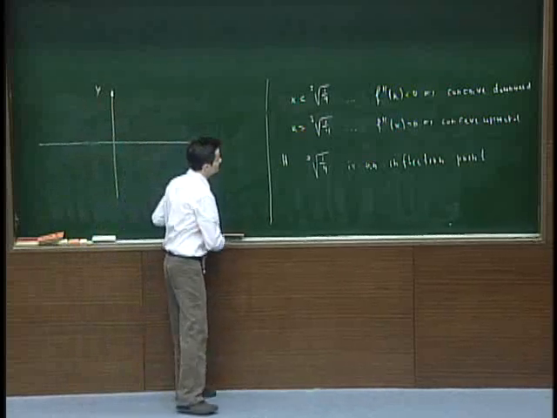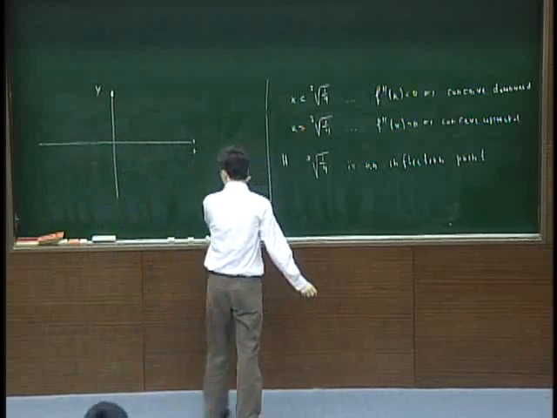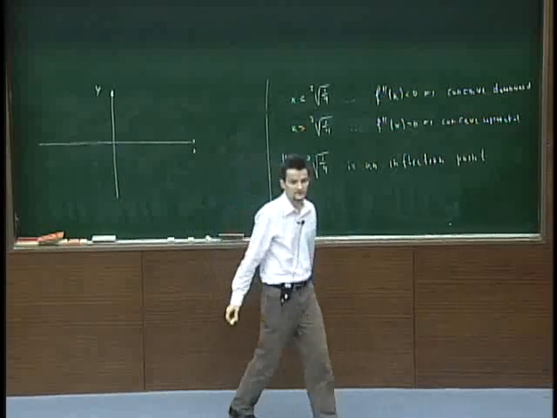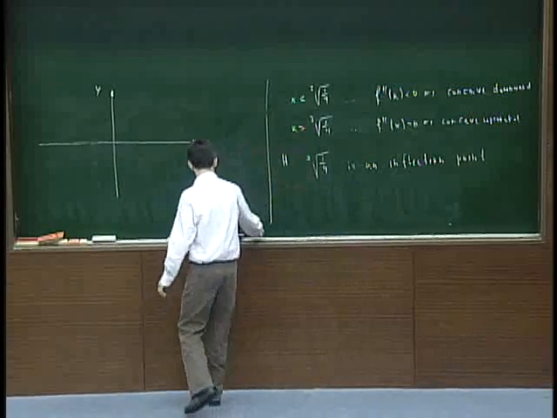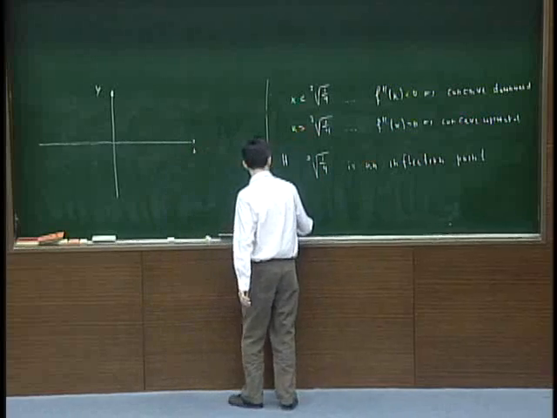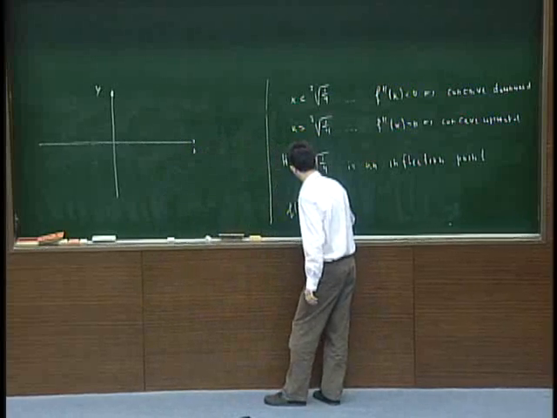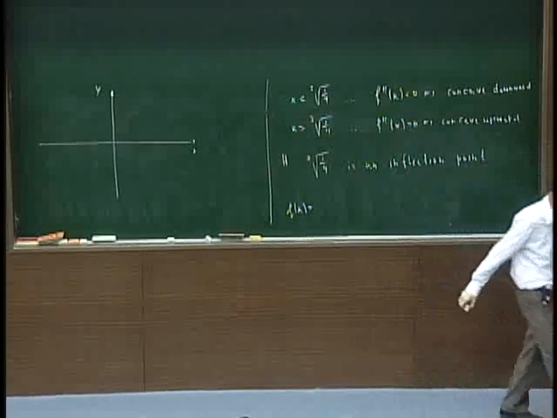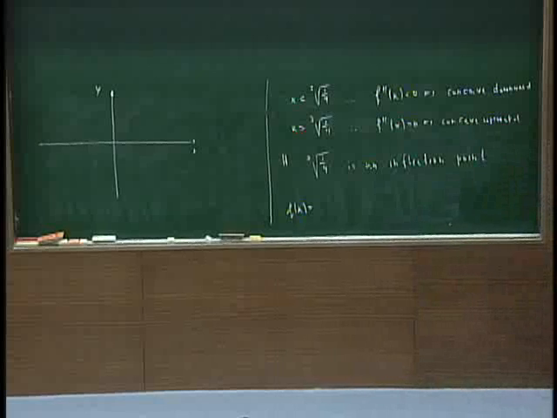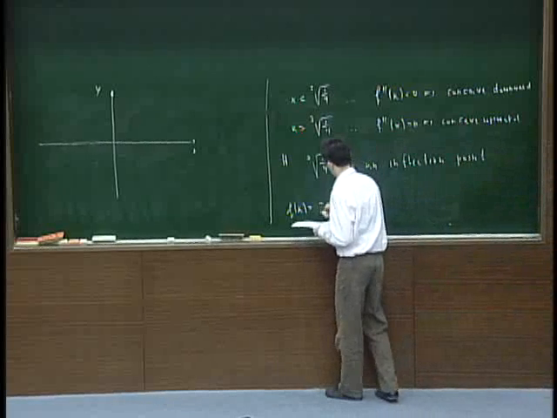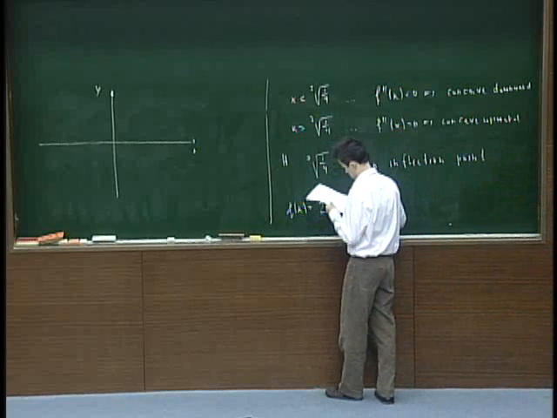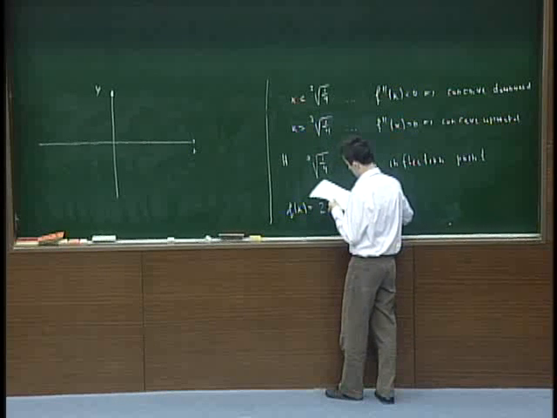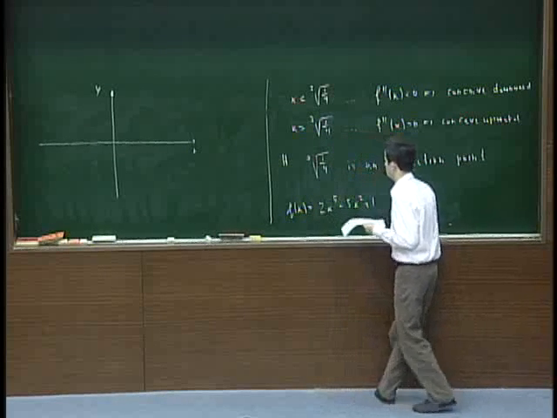Now most of the things are already erased. Let's at least write the function once more onto the blackboard because I don't remember it: 2x to the 5 minus 5x squared plus 1.